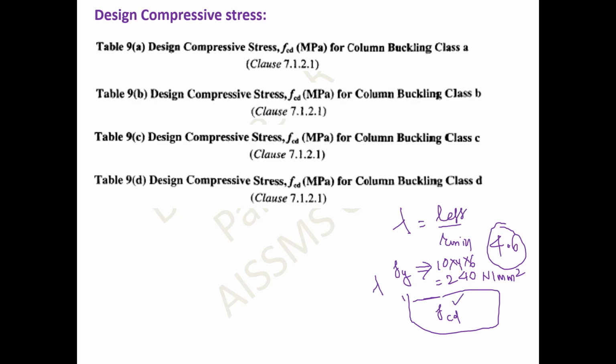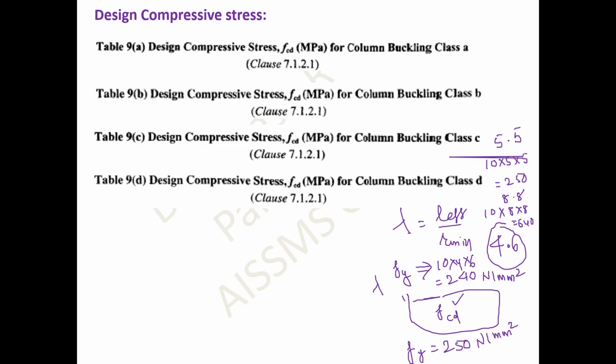If not given, then in most cases we are going to use 250 Newton per mm square. How will we find this? If you have class 5.5, then we have 10 into the multiplication of these two values, so that will be 250. If you have 8.8, then you have 10 into 8 into 8, so it will be 640. Likewise, you will get the value of Fy.